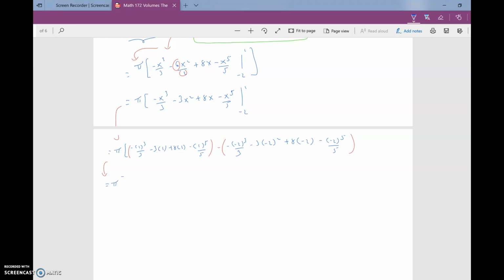So this is pi times, we're looking at negative 1/3 minus 3 plus 8 minus 1/5. So this is just pi times negative 1/3 plus 5 minus 1/5.